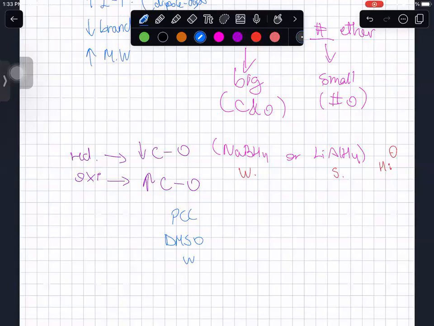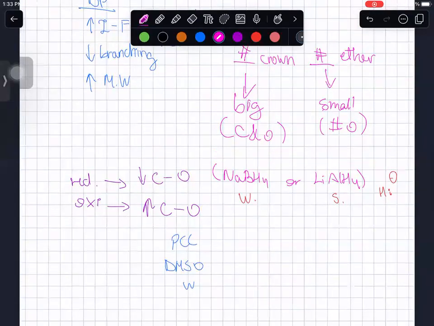You don't have to know the full name of DIBAL. But what kind of reaction did DIBAL trigger? It makes the ester into an aldehyde. Is that oxidation or reduction? It's a reduction. We lost the bond between the carbonyl and the oxygen in the leaving group.